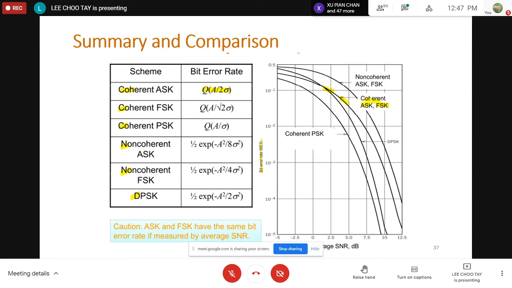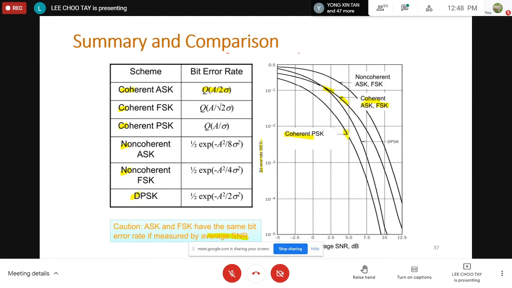How is it possible to have FSK fall under the same graph? Because we are using the same average signal to noise ratio, therefore they will have the same graph. That is for coherent ASK and FSK, and we compare to PSK here.